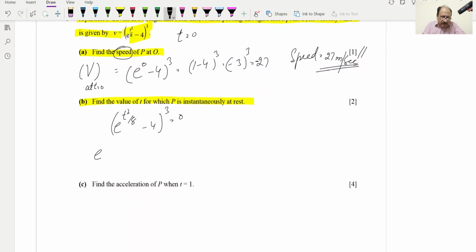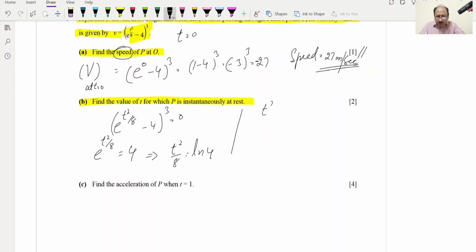This implies e raised to t squared over 8 is equal to 4. We can leave the cube and shift 4 to the other side, and then we can take log on both sides. So this implies t squared by 8 is equal to log of 4.